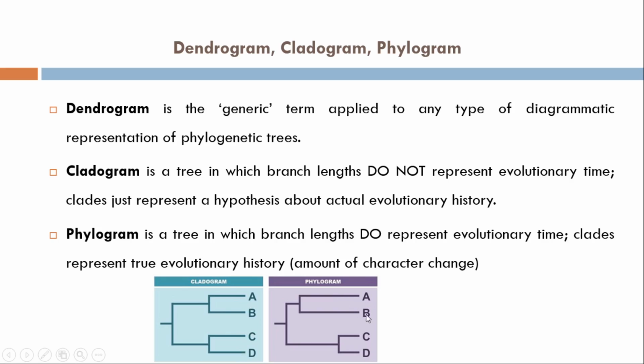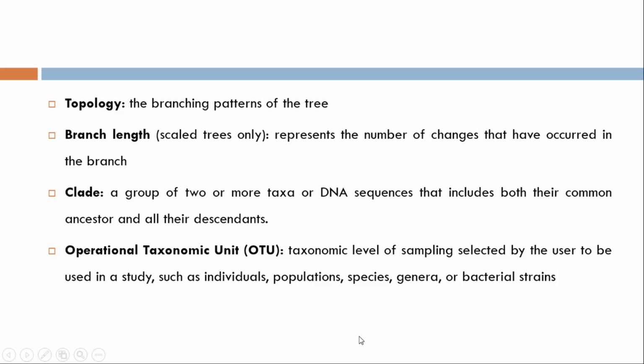But here the branch length of A, B and C, D is different. So in some cases, you may find that branch lengths are unequal, and in some cases, you may find that branch lengths are equal, right? Based on the branch length, there are different concepts of dendrogram, phylogram, and cladogram that I'm going to discuss later on.